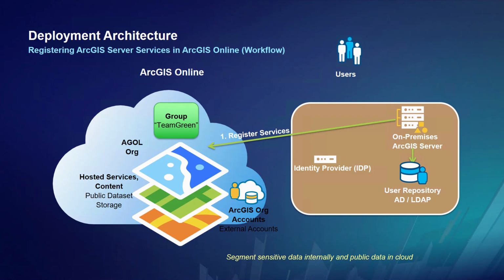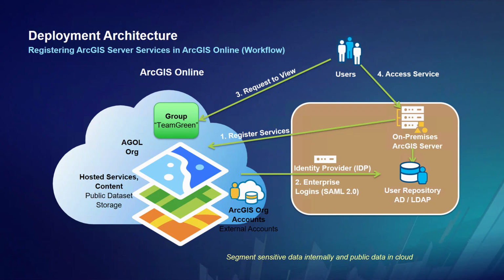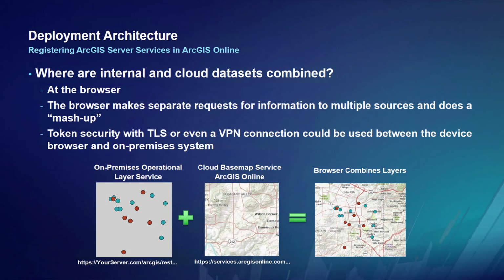You can register a service and basically have that ArcGIS service URL available in that ArcGIS Online group. If you're utilizing enterprise logins, it makes access for these users when they request. It'll make use of that organization's identity provider. And then the user's request actually goes separately over to the ArcGIS Server instance. The key thing being that we're not grabbing your data from your ArcGIS Server and taking it into ArcGIS Online as part of that process.